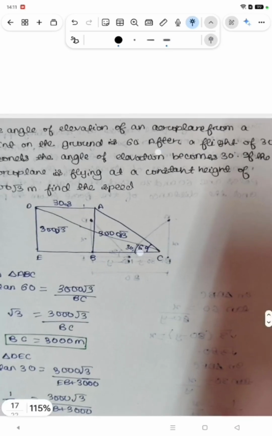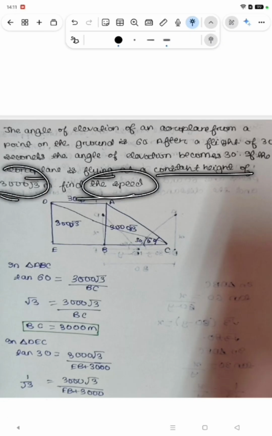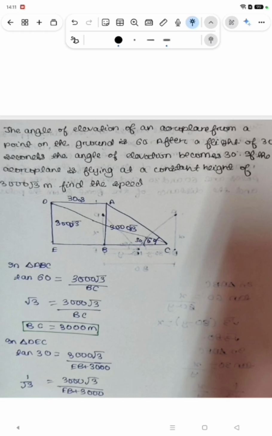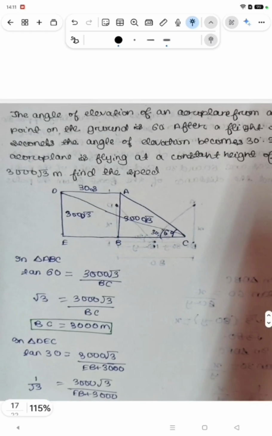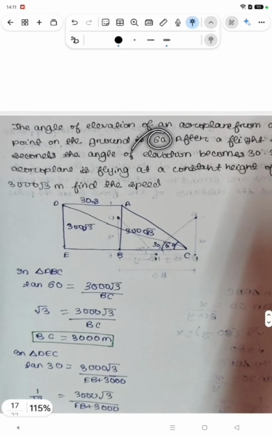If the aeroplane is flying at a constant height of 3000 root 3 meter, find the speed. In the question we have to find the speed. So we have to draw the diagram first. So first it is given that the angle of elevation is 60 degree.